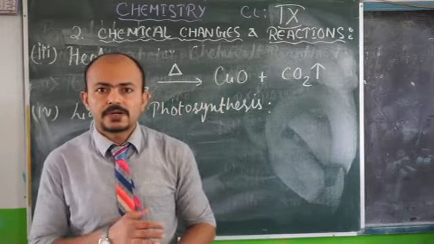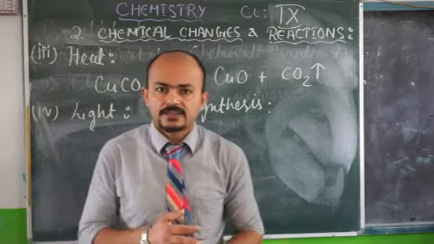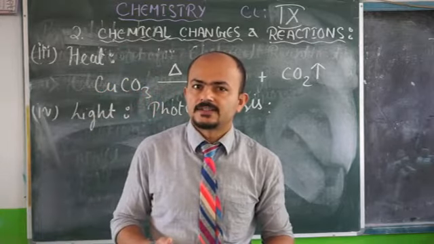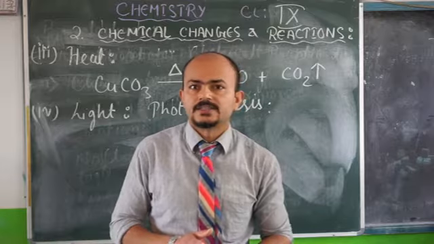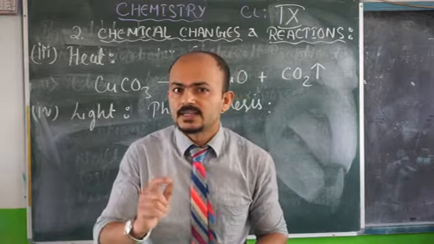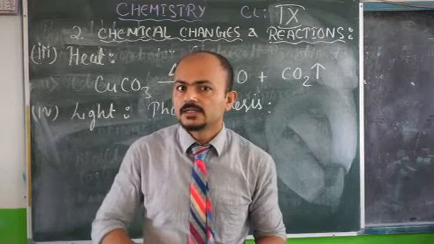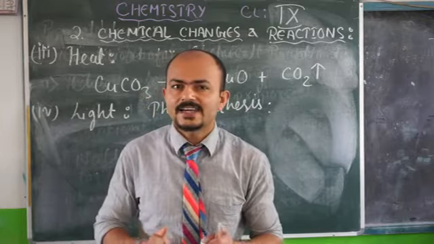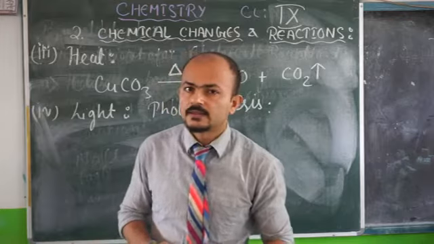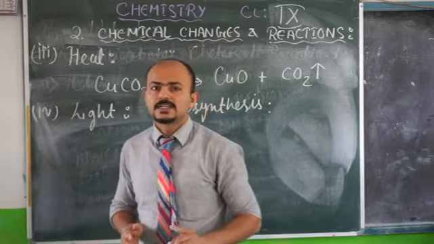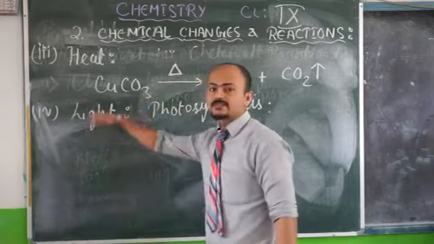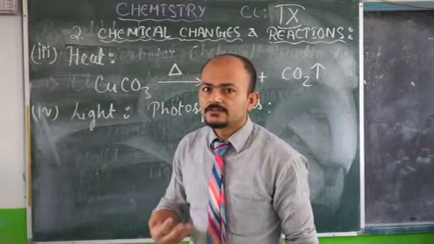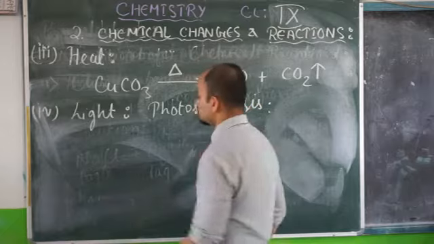Now, what are the requirements? They need carbon dioxide, they need water, and also sunlight. Please note this, sunlight. Then only glucose will be formed. If sunlight is absent, then this reaction won't take place. So there are certain reactions where light is very, very mandatory.